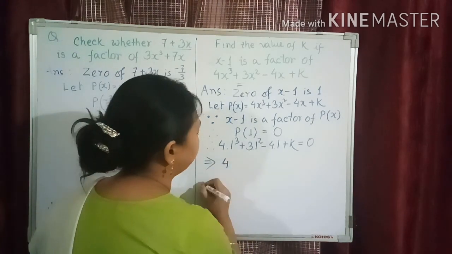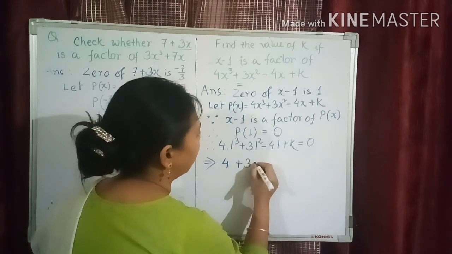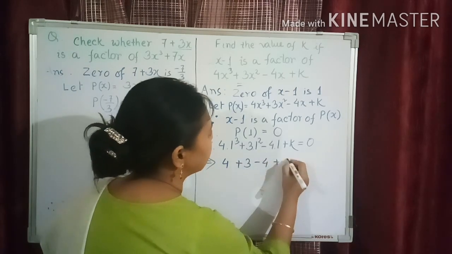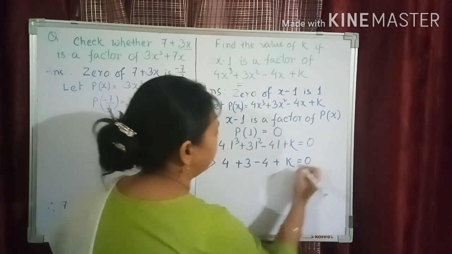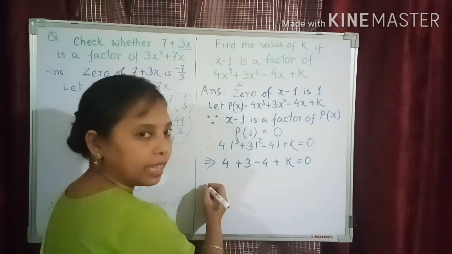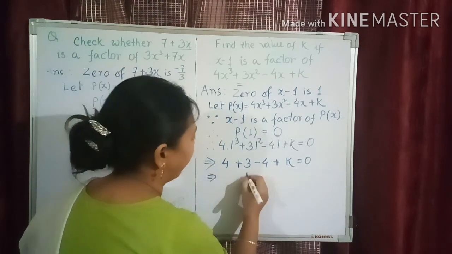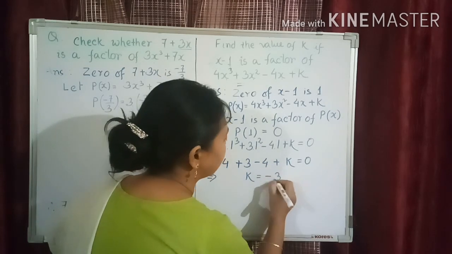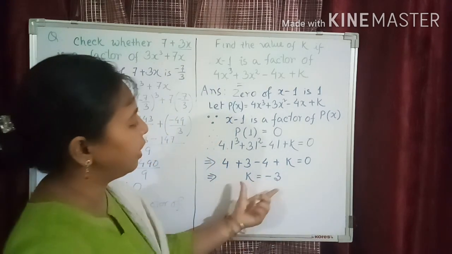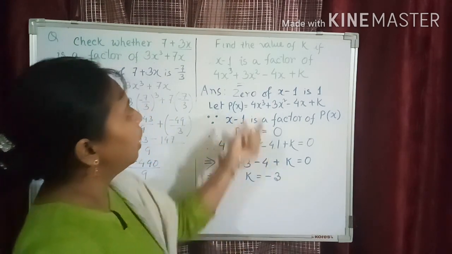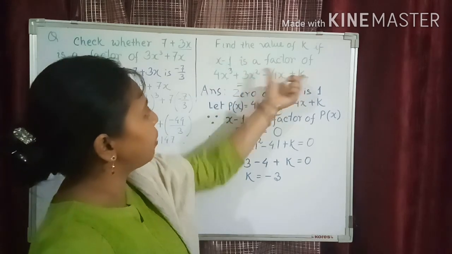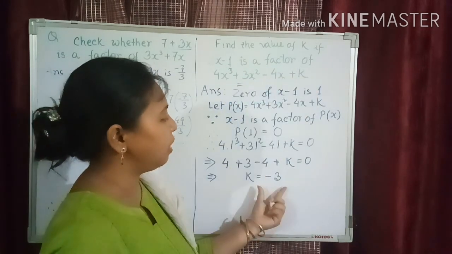So here it will be 4 plus 3 minus 4 plus k. Minus 4 and plus 4 will cancel each other, and k will be minus 3. The value of k is minus 3. Meaning if x minus 1 is a factor of this, then the value of k will be minus 3.